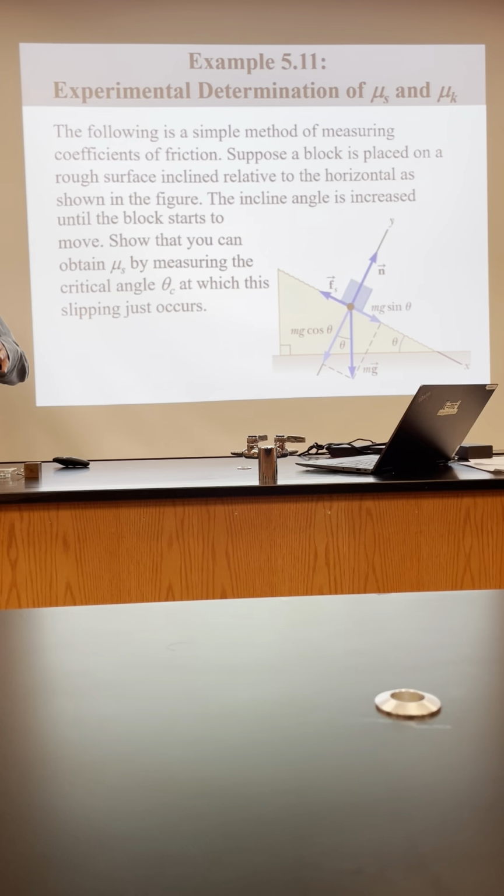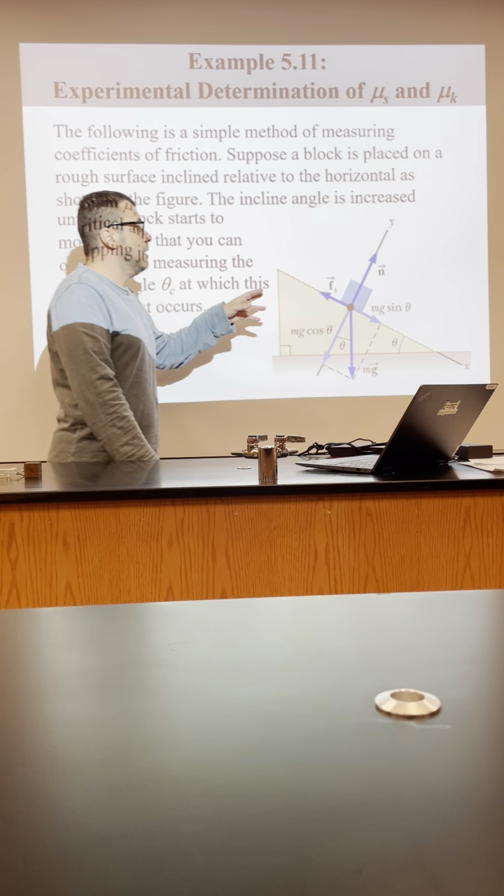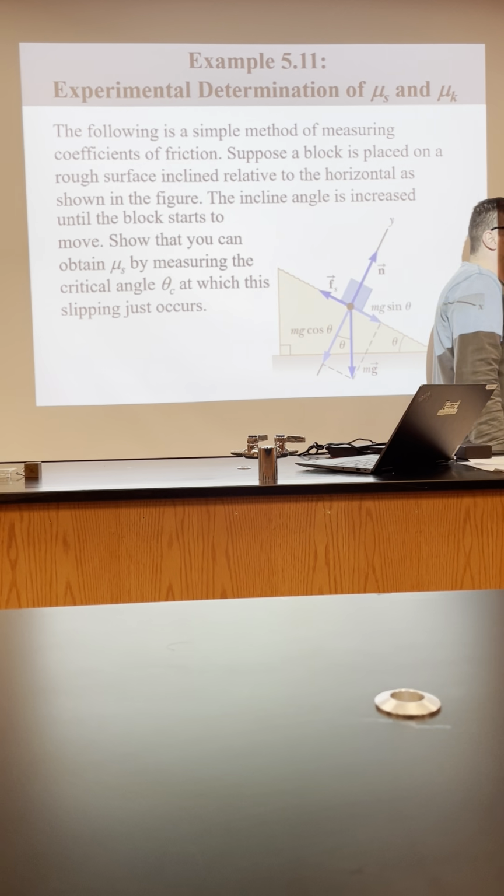Okay, let's start with the static coefficient of friction, and take a look at the following example from the textbook: the experimental determination of both mu s and mu k. That example is very basic. It illustrates a mass placed on an inclined rough surface.